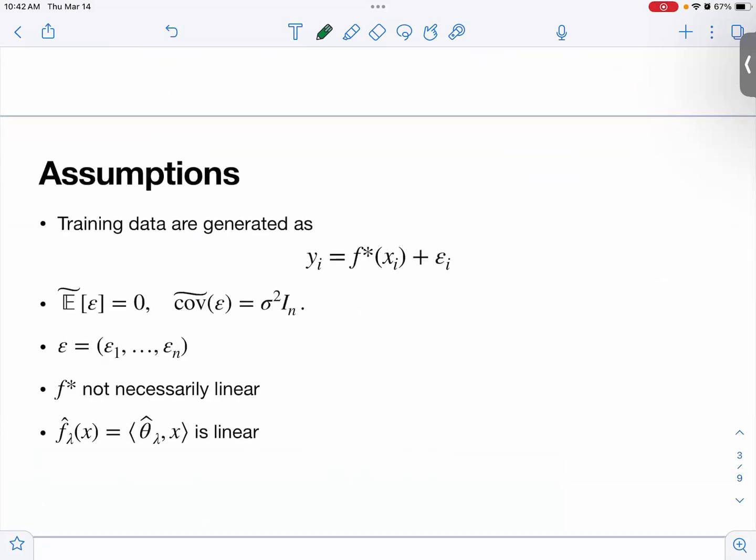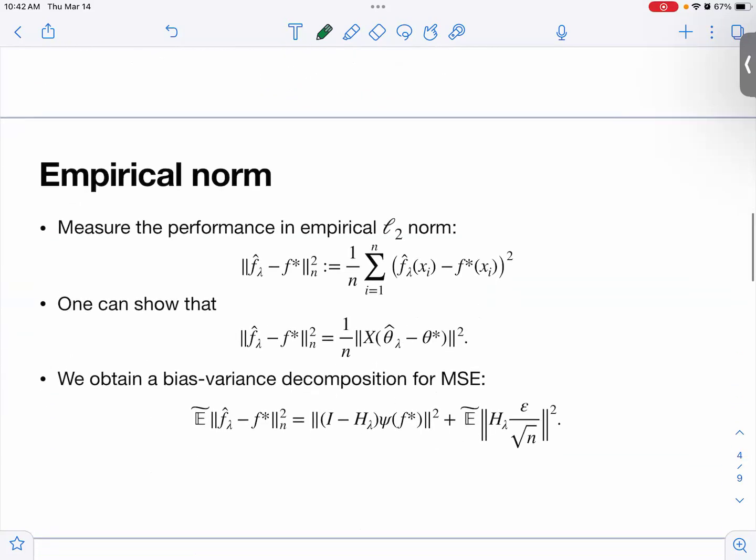To make these assumptions: yi is f star of xi plus noise, and the noise conditional on the training data has mean 0 and covariance identity. I'm not assuming that f star is necessarily linear, but f hat is linear. So what we can do is measure the performance in the so-called empirical norm: how close f hat is to f star, by looking at what is called the empirical L2 norm.